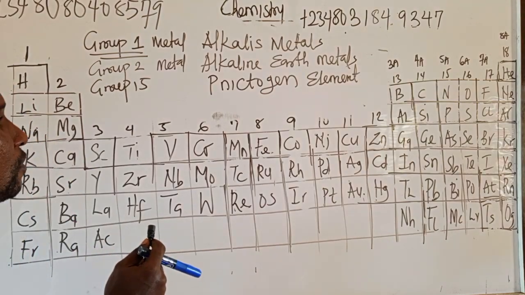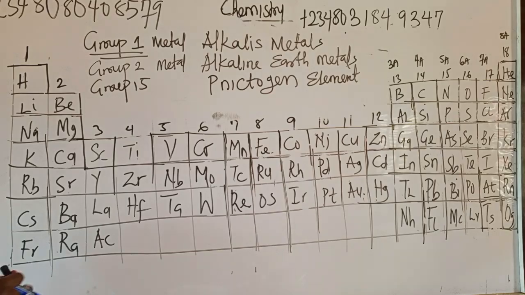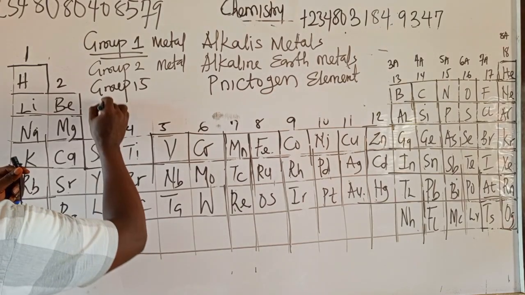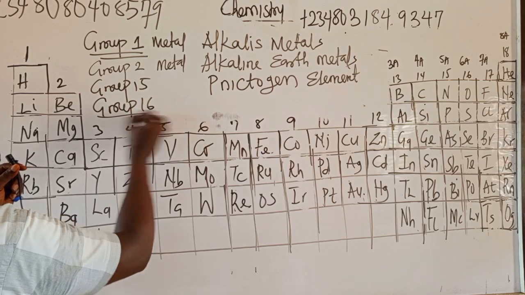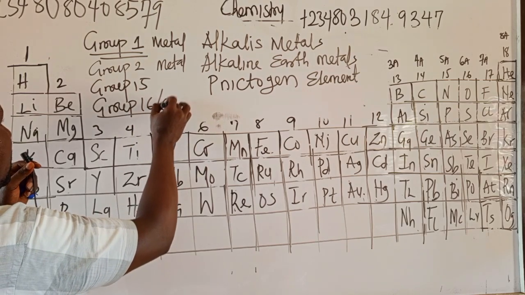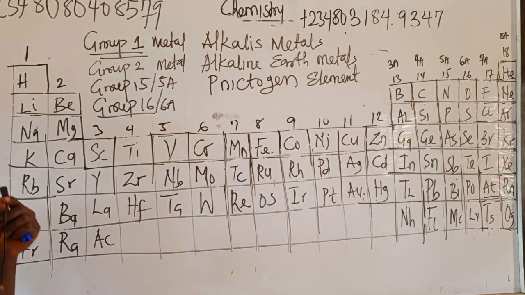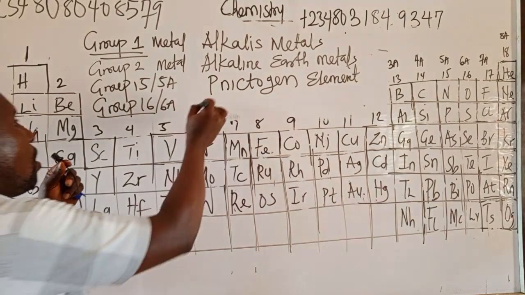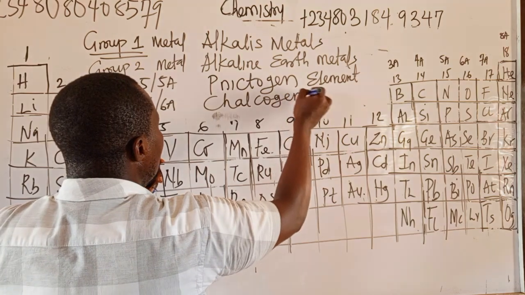Group 6A or group 16. This one came out in July post UTM. This one is 5A. Group 16 or group 6A are called chalcogen elements.